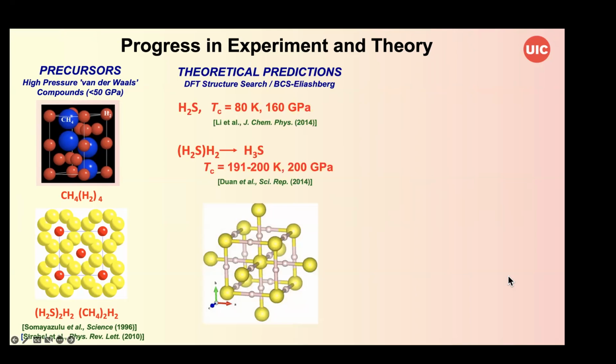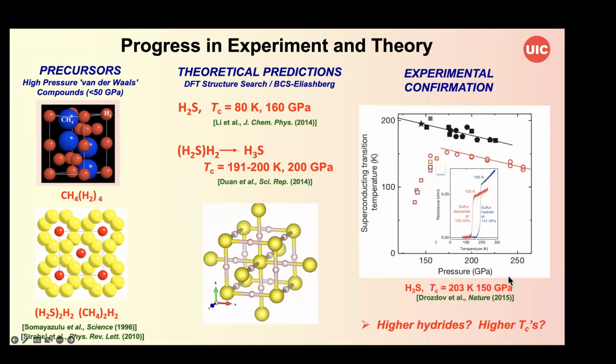Of course, subsequent to this, structure search methods started being applied to these various systems, and in particular to the H2S system, and very important calculations that we're all aware of were conducted that predicted that these could in fact be very interesting atomic-based hydrogen-rich superconductors, in particular this H3S structure that has a TC of 200 Kelvin.